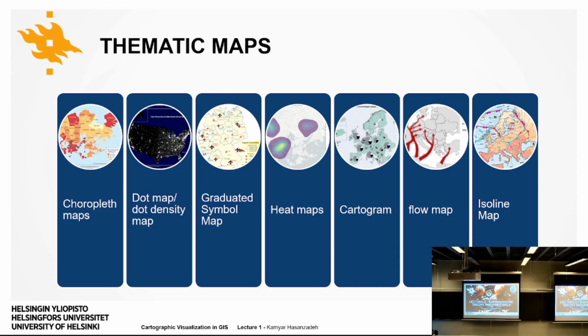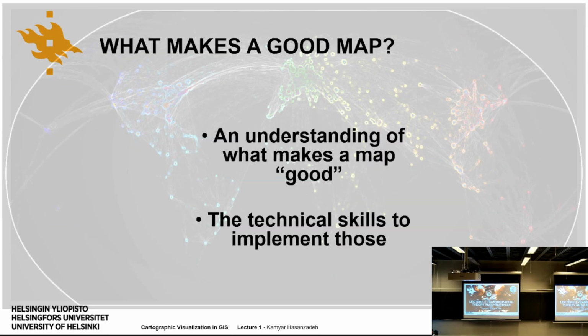Graduated symbol maps, like the example I gave about the capacity of hospitals, where you would adjust the size of the symbol to represent some value. We have heat maps, cartograms, flow maps, and isoline maps. And a few of these we are going to create during this course. So we are, for example, going to create a flow map, a cartogram, a heat map, and choropleth maps. These are just a few examples.